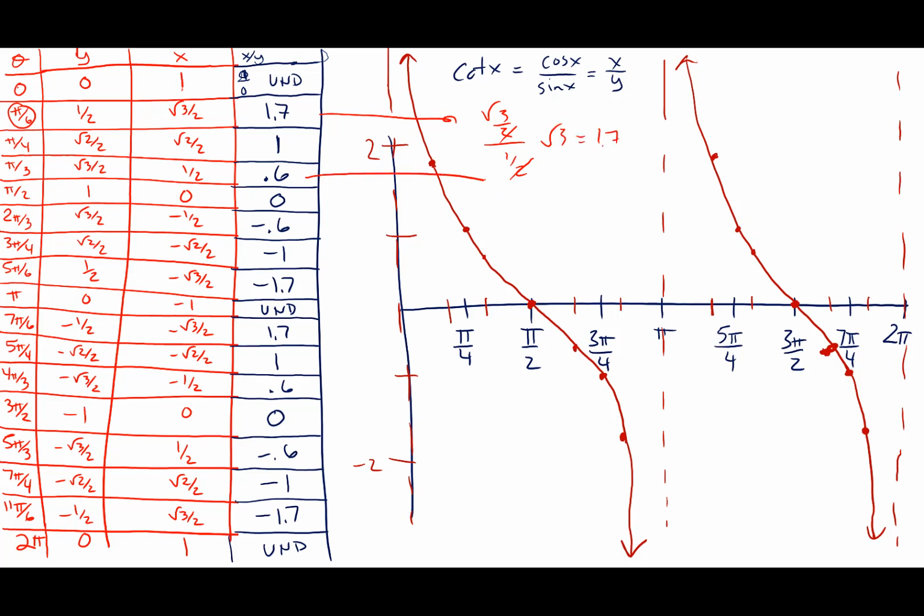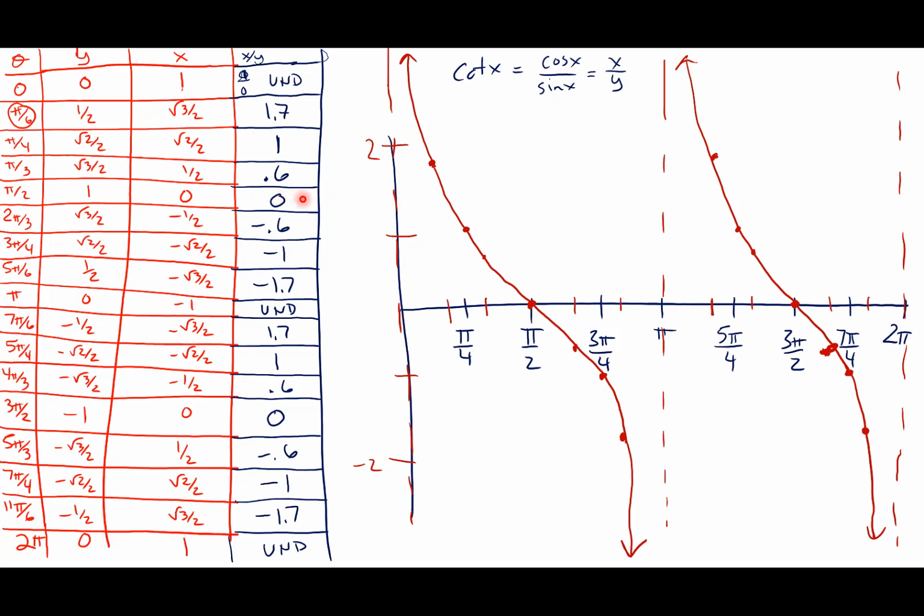This one here is going to correspond to 1/2 on top, root 3 over 2 on the bottom, so that's going to be 1 divided by root 3, which is about 0.6 on the calculator. Alright, and the rest we go.